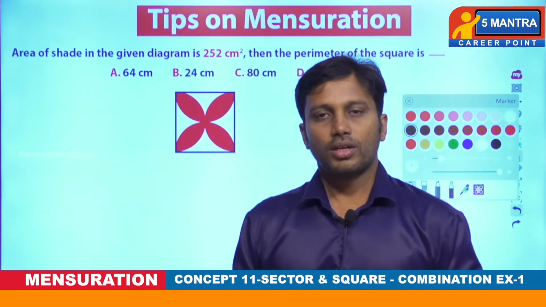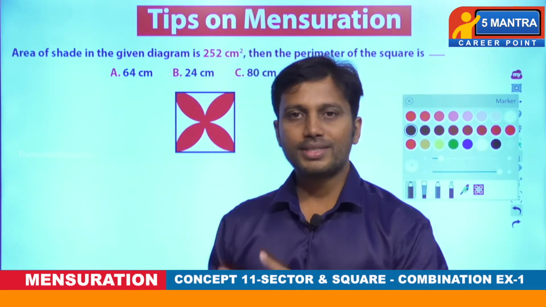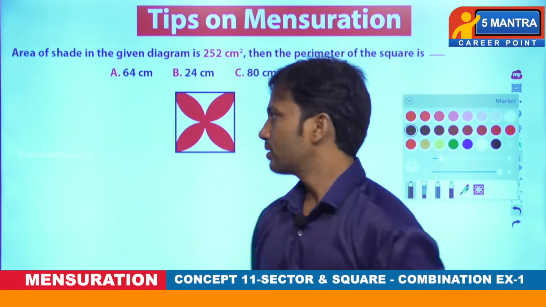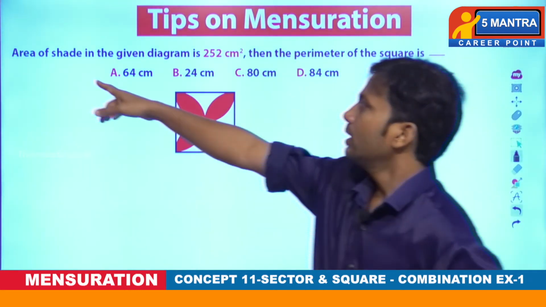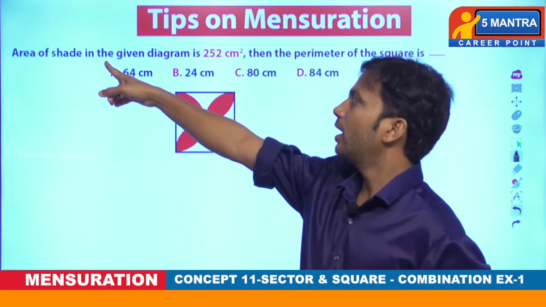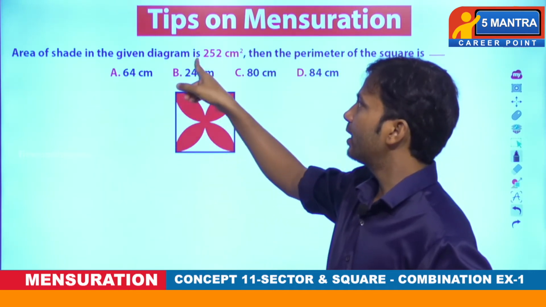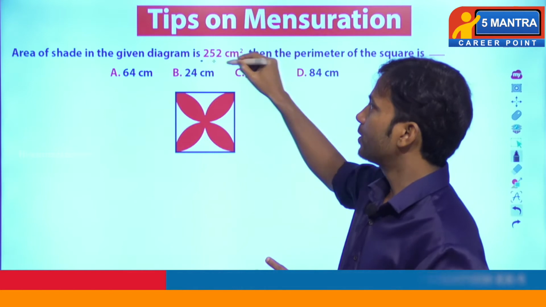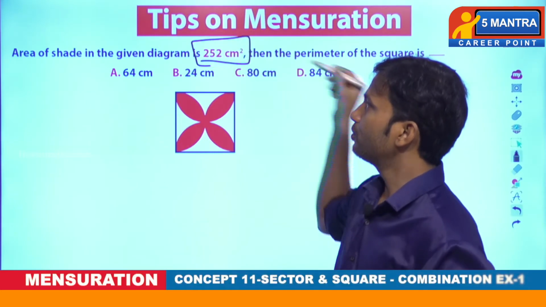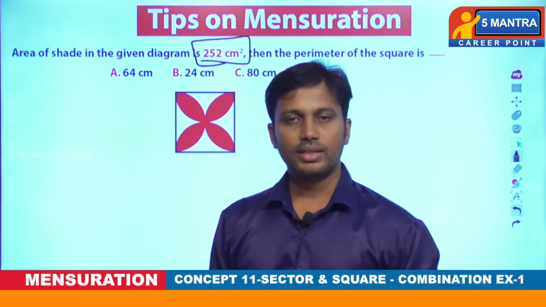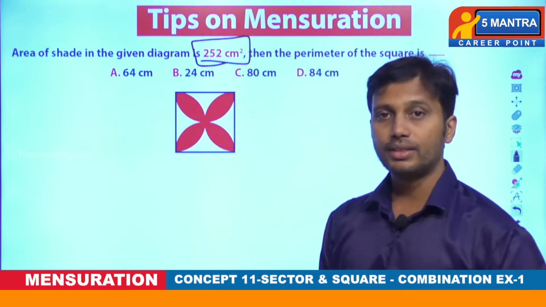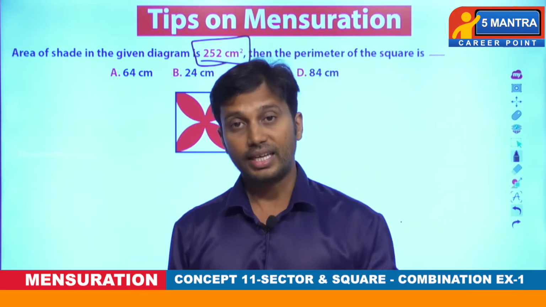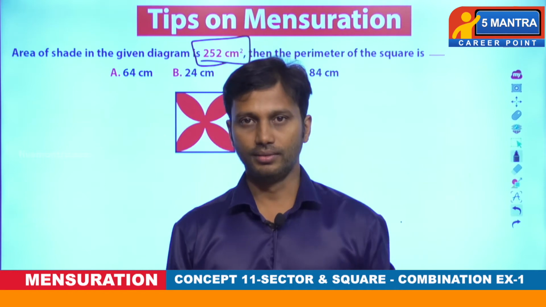Now, let us do one more problem on the same pattern. What is it? Just see. Area of shade in the given diagram is how much? 252 centimeter square. That is the area of the shade which they have given. Here they are not asking for the shade, they have given the shade.